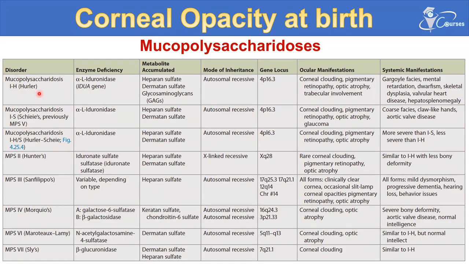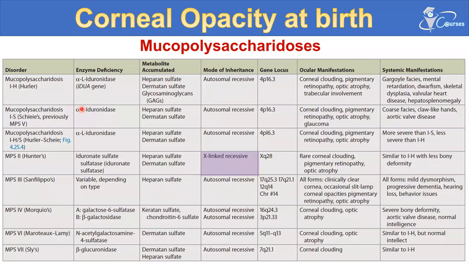These syndromes are the Hurler syndrome, the Scheie syndrome, and the Hurler-Scheie syndrome, Hunter syndrome, Sanfilippo syndrome, Morquio syndrome, Maroteaux-Lamy syndrome, and Sly syndrome. So these are the syndromes. As we mentioned, all of them are autosomal recessive, except the Hunter syndrome. It is the one which is X-linked recessive.